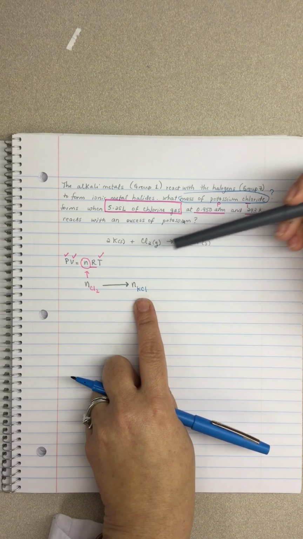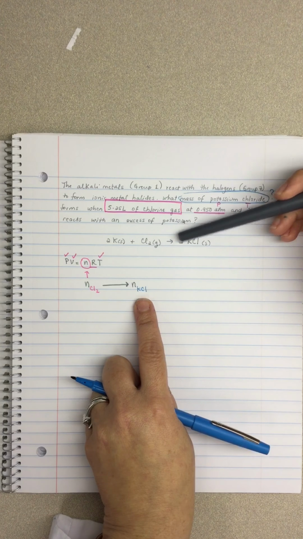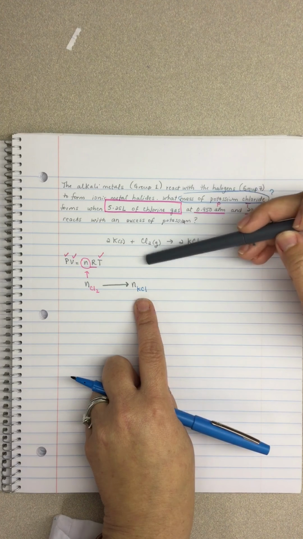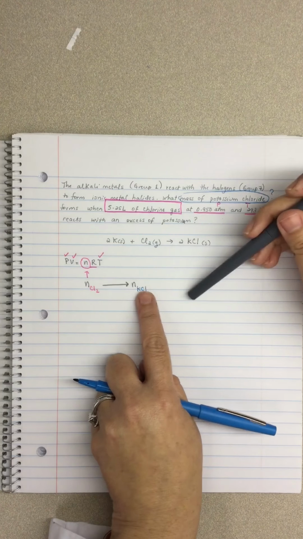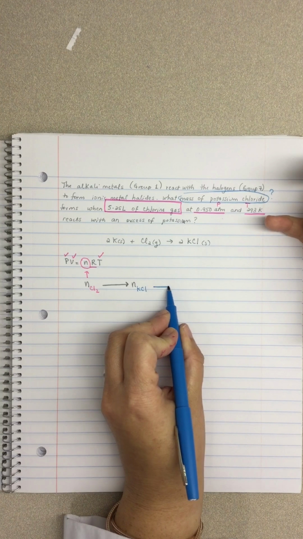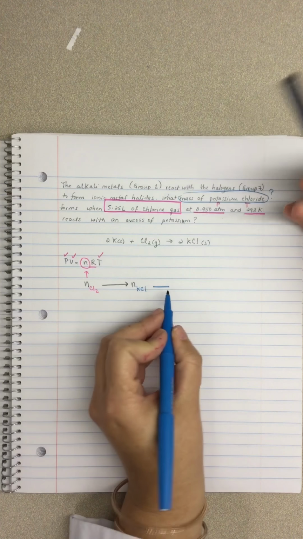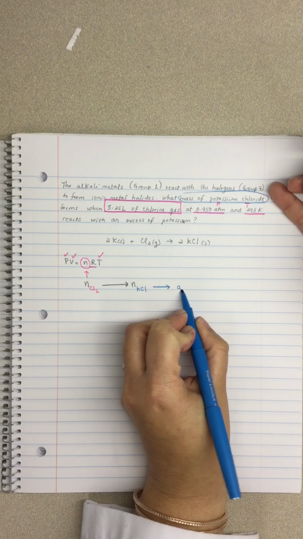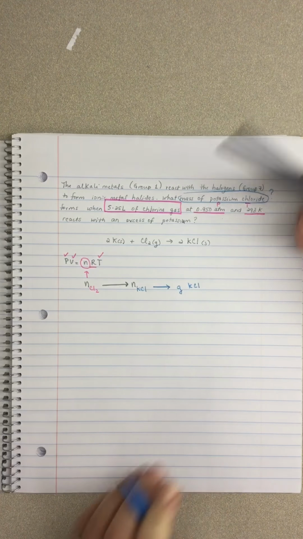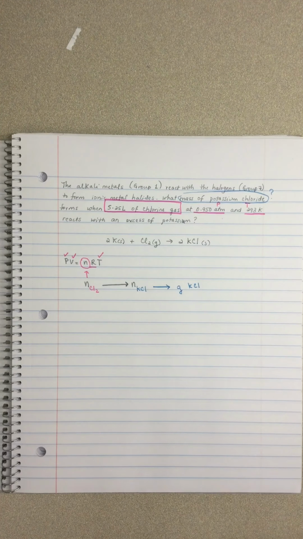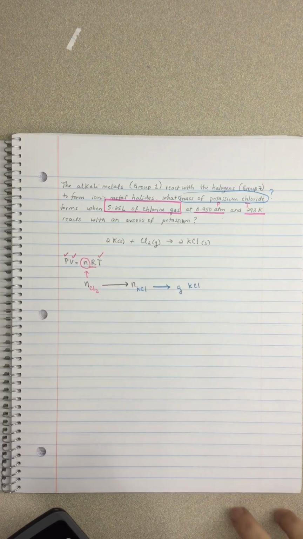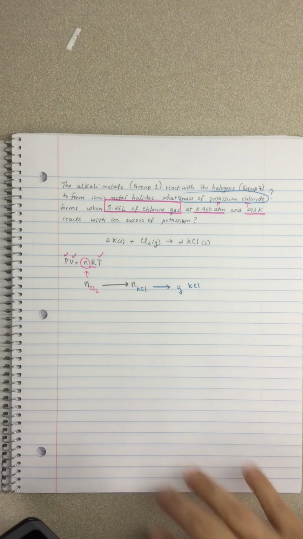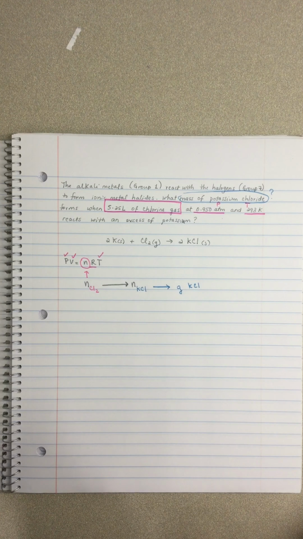So your conversion factor will be 2 moles of KCl over 1 mole of Cl2. Once you have the moles of KCl, you can convert that to grams of KCl using the molar mass of KCl. So I'm going to do the calculation and I'm going to write down the final answer. I'm not going to show you how to work the problem. You should try to do the problem on your own.